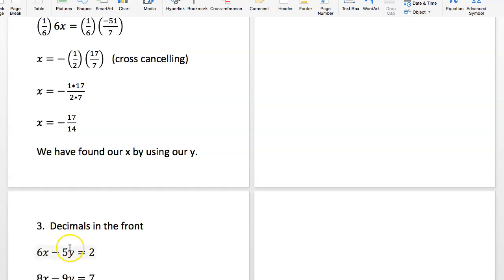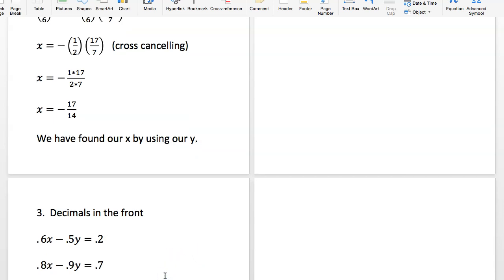So if you have 0.6 and then minus 0.5, I'm just altering this to 0.2, and let's say I make this 0.7. I'm taking the one we just did and sticking decimals in front. Notice what I did was I divided both equations by 10.